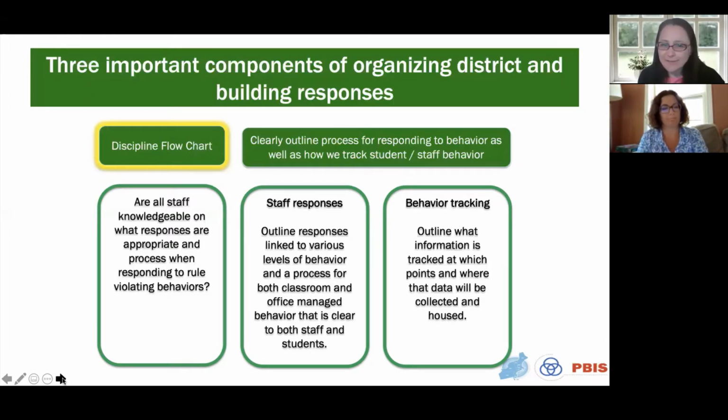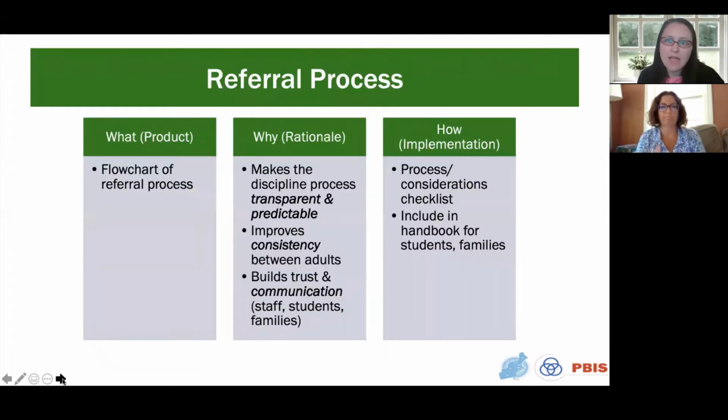And so we're certainly not saying that we want a zero tolerance policy implemented or things like that. We want to implement a consistent and fair system in our schools that's going to work for all staff and students.